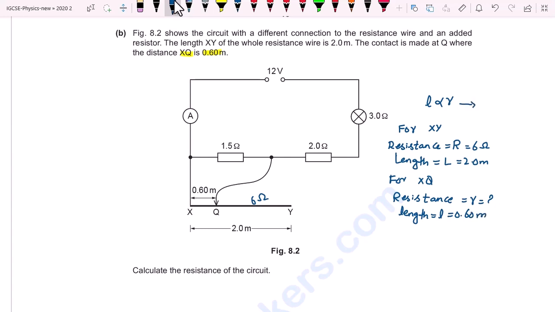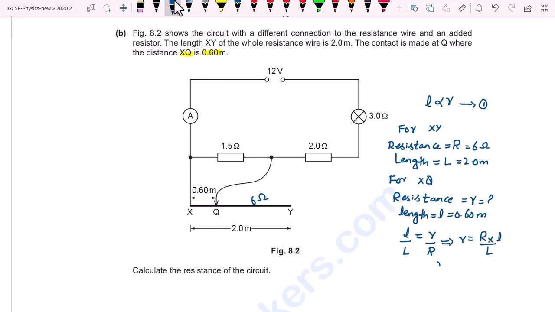By using this equation, I combine and write small l over capital L is equal to small r over capital R. We have to find out the value of small r, and it comes to be r is equal to capital R multiplied by small l over capital L.